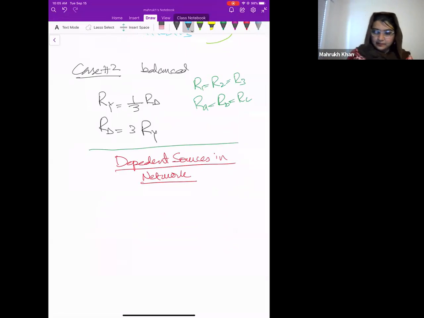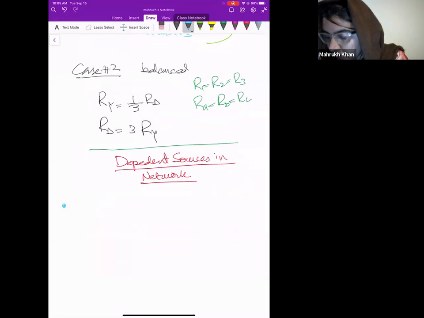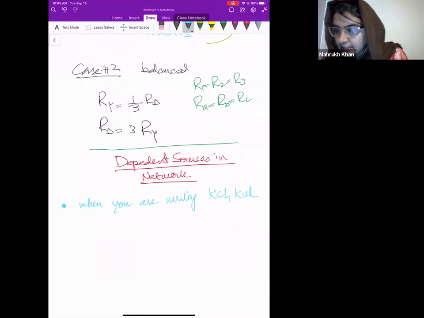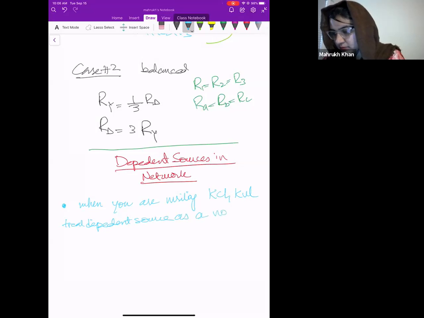One thing is, when you are writing KCL, KVL, or any other rule, you treat a dependent source as a normal independent source.